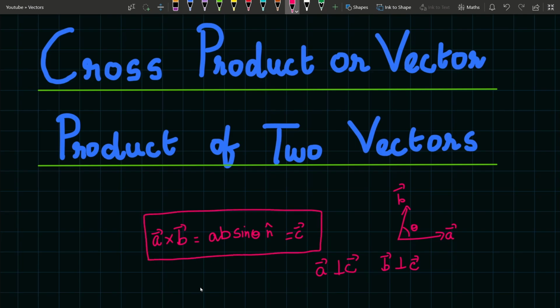Now we will learn how to do this cross product if the given two vectors A and B are in IJK format.